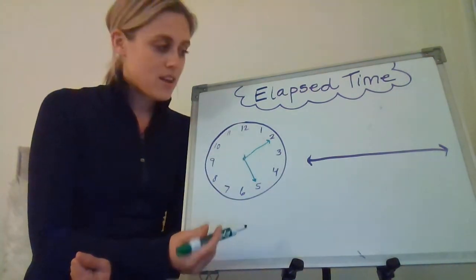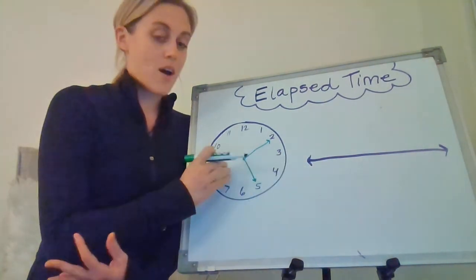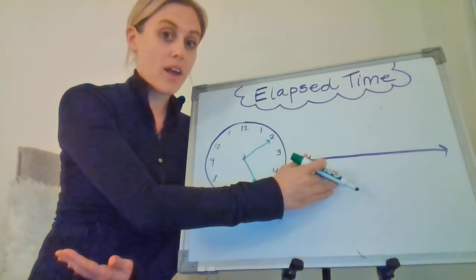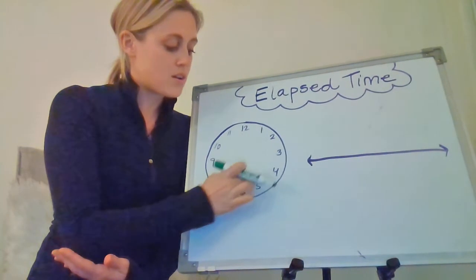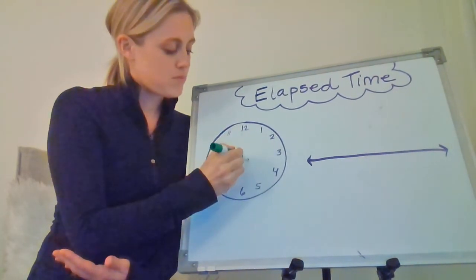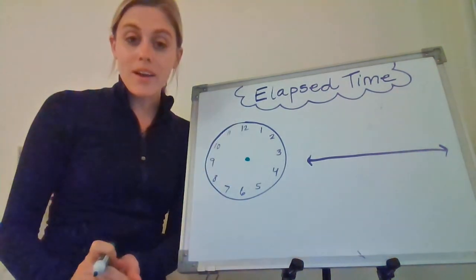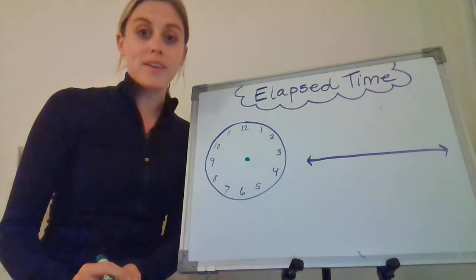All right? I'm going to show you this same thing on the analog clock and on a number line, and we're going to talk about those things. So let's come up with a new scenario. How about you getting ready for dinner?